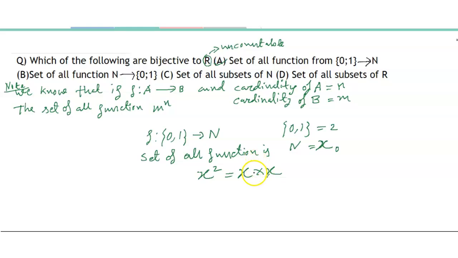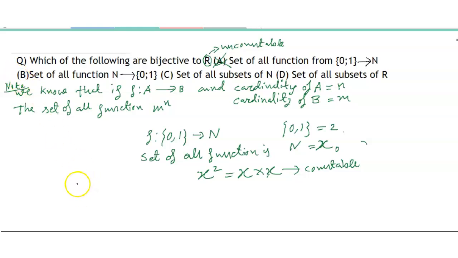So friends, both are countable. As it is countable and R is uncountable, it is not possible. The set of all functions is not bijective because it should be countable. So A is rejected.